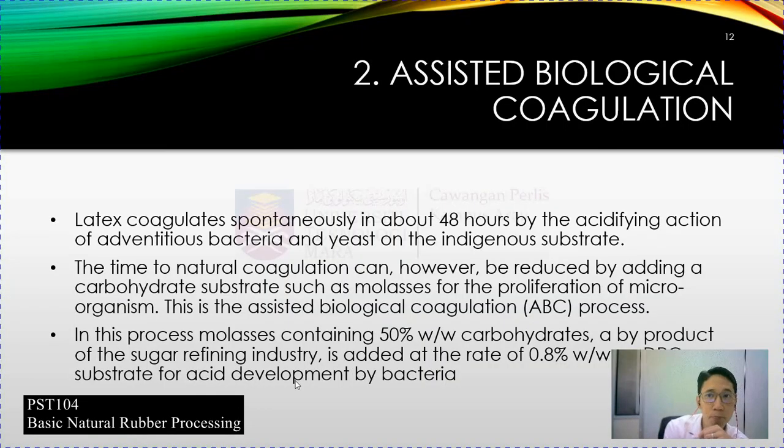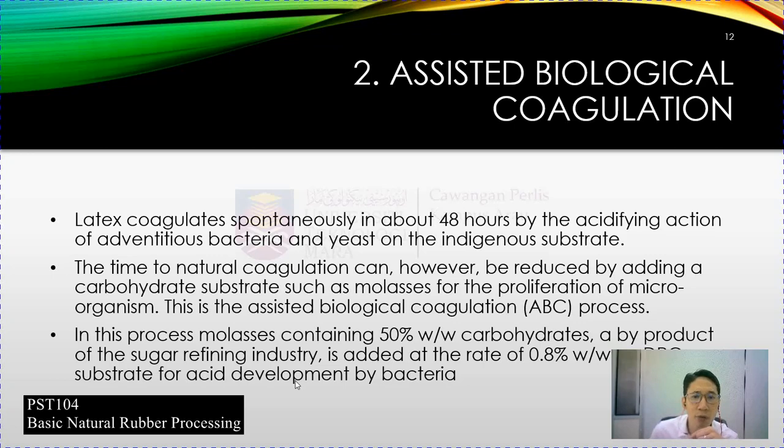The second process is assisted biological coagulation. Latex coagulates spontaneously in about 48 hours. This is a longer process compared to acid coagulation, by the acidifying action of adventitious bacteria and yeast of the indigenous substrates.